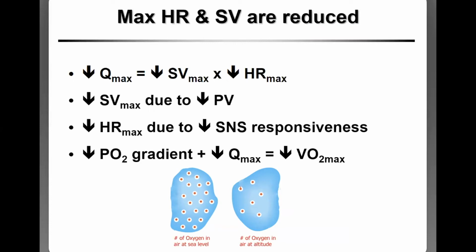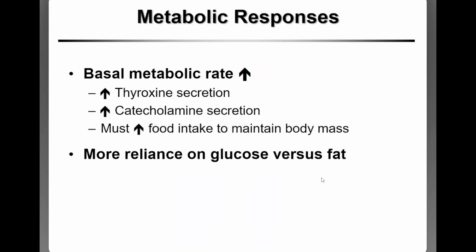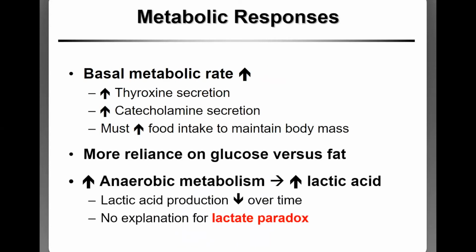This is the reason why VO2 max decreases at altitude, because we have a reduction in both our maximal cardiac output and in AVO2 difference, due to that reduced oxygen diffusion gradient that we just talked about. We also have an increase in basal metabolic rate.